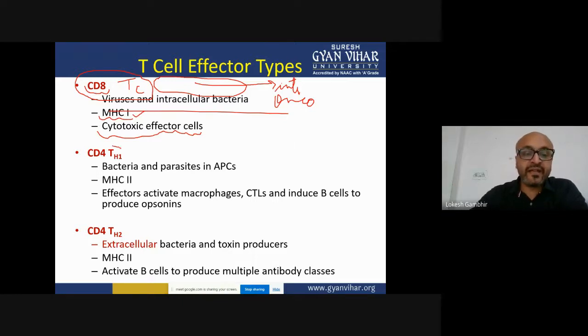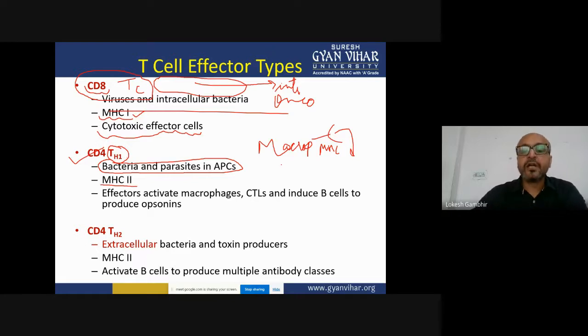Then we have Th1 response. Now again, it is activated by MHC2, there is no doubt, but it is more specific in response to bacteria and parasites that we are talking about. Now, what is the difference? If macrophages are presenting the cells with MHC2, then it will lead to Th1 response.